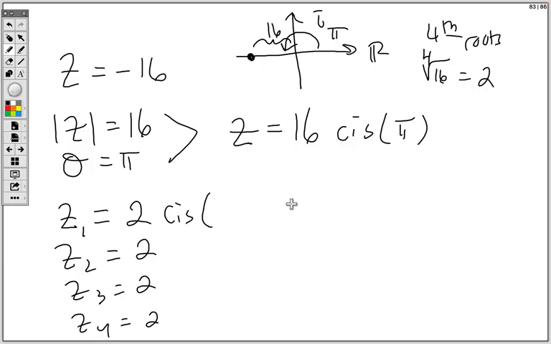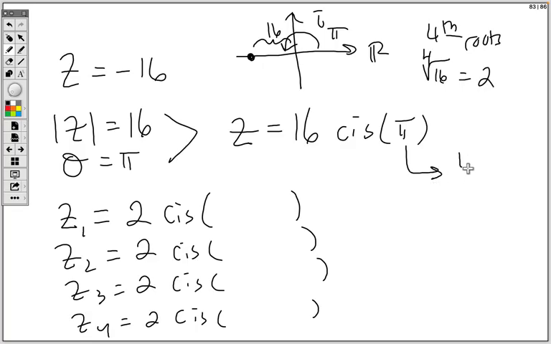Cis, what are the angles going to be? Well, since I'm taking the fourth roots, I'm going to take pi and divide it by 4, or any multiple of 2 pi divided by 4. So I'm going to start with pi over 4 plus 0.